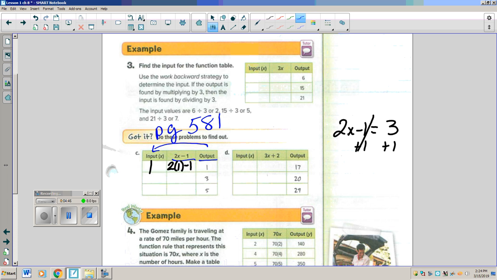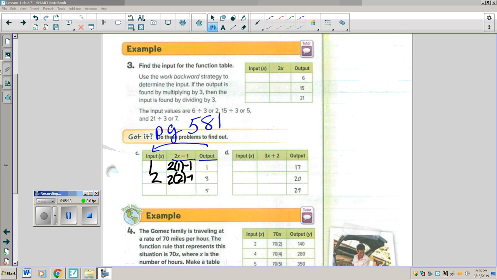Minus 1 plus 1, those cross out. 2x equals 4. Showing your work. Dividing by 2, x equals 2. So this input is 2. 2 times 2 minus 1. 4 minus 1 is 3.